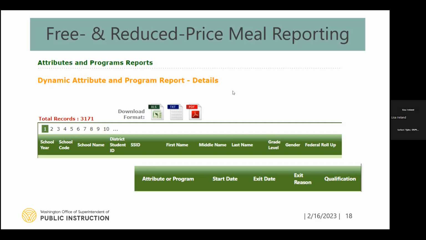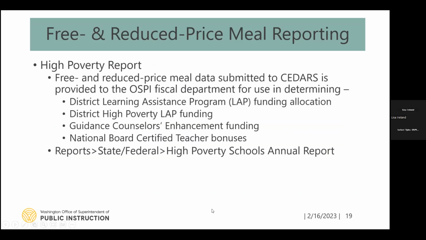So the next one I'm going to go to is the high poverty report. We get all this information in from our districts. And when I say districts or LEAs, let me take a pause. We're recognizing that we have over 300 entities operating as school districts in Washington. That's what we call our standard school district, what folks most think of. We have charter districts.